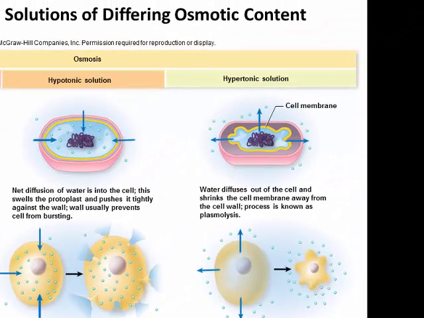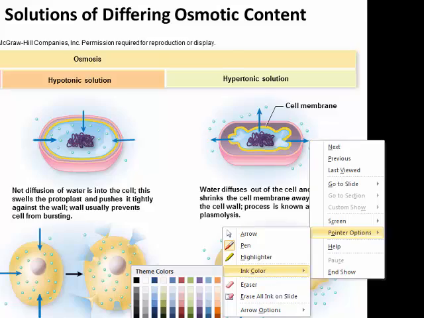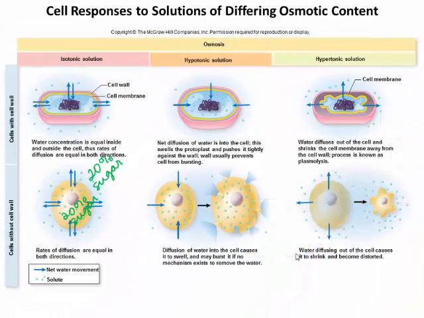Now, one thing that people have a tendency to forget is that lots of times when you get asked questions about this, they don't ask you about the solute moving because it's a semi-permeable membrane. The solute stays put. We like to ask about where the water goes. Well, if it's 20% salt, that means it's 80% water on the inside. If it's 20% sugar on the outside, that means it's 80% water on the outside as well.